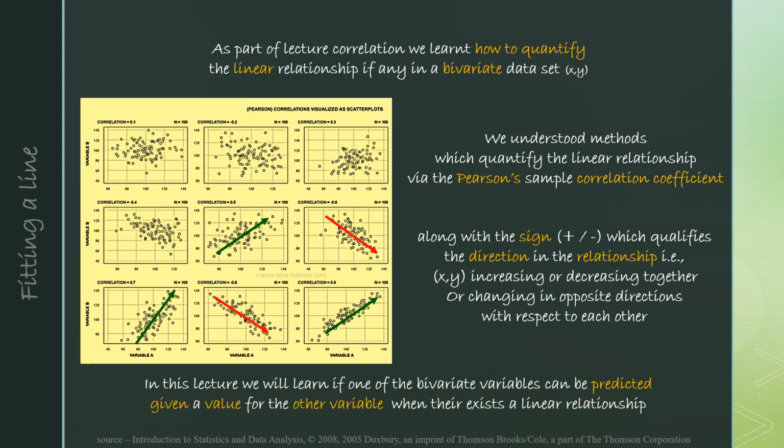In this lecture, we will learn if one of the bivariate variables can be predicted given a value for the other variable when there exists a linear relationship between them.